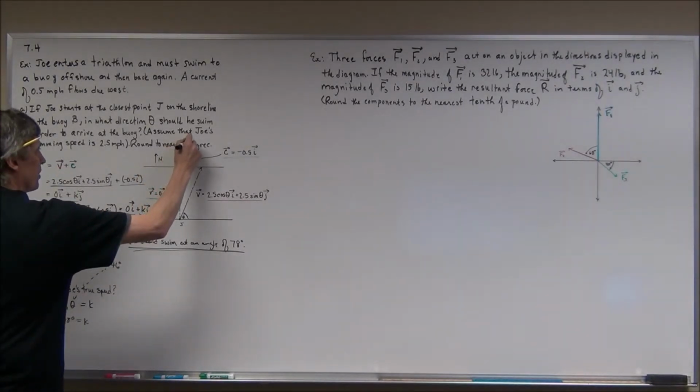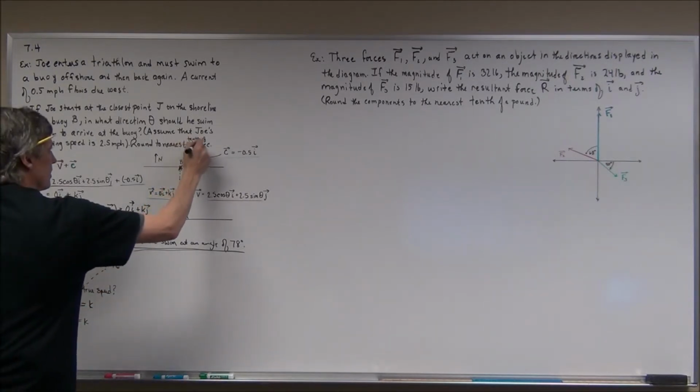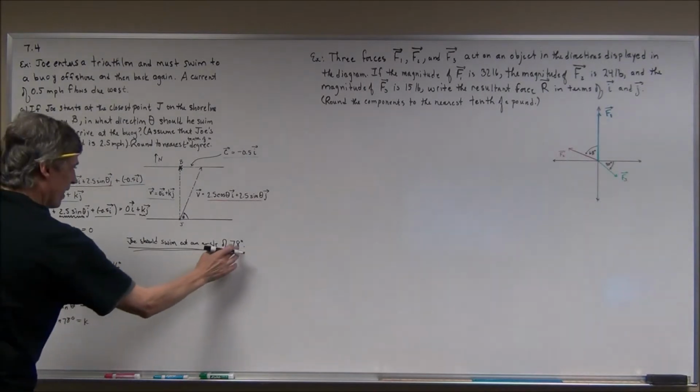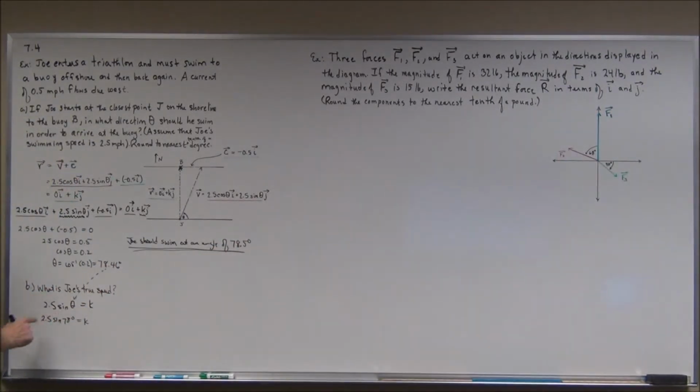Let's do this so that we're not so far off. Nearest tenth of a degree here, so we'll go with 78.5, and then I can plug this in and not feel so guilty. So I'm going to get k, 78.46 degrees.